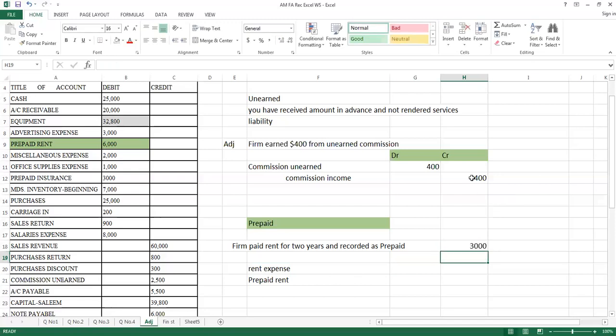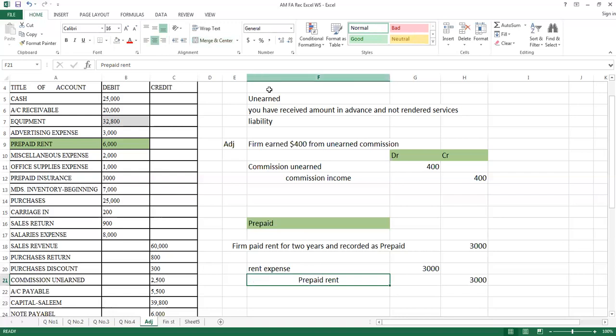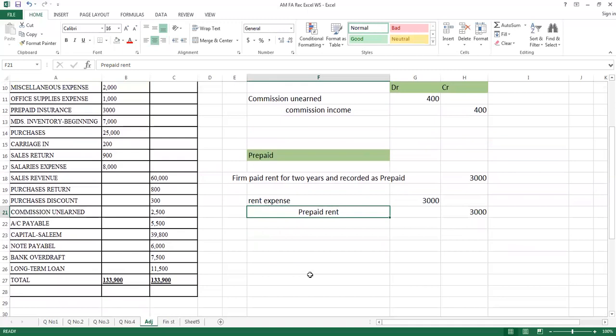So the amount is 3,000. So I will debit 3,000 and I will credit 3,000. And the entry will be like this. This is the entry that we will pass at the end of the year.